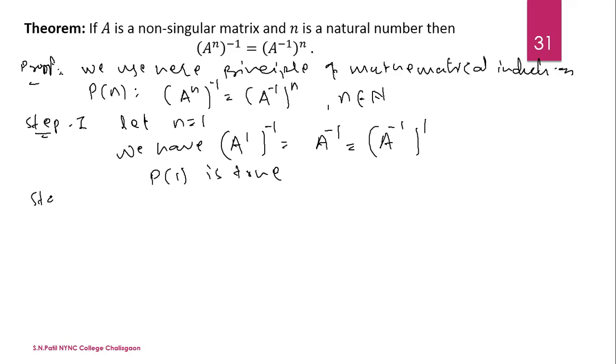Now step number 2, assume Pn is true for n is equal to k, that is P of k.